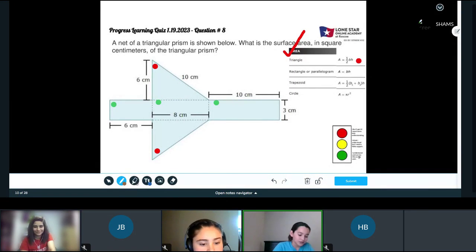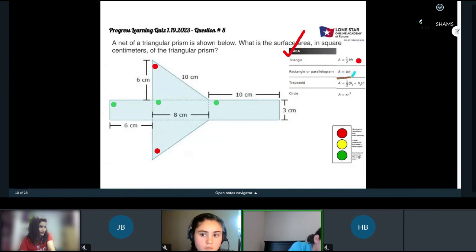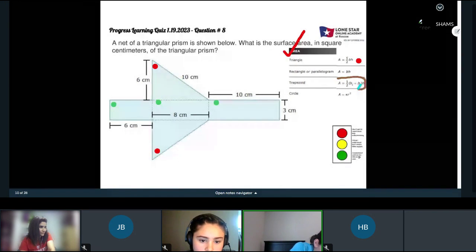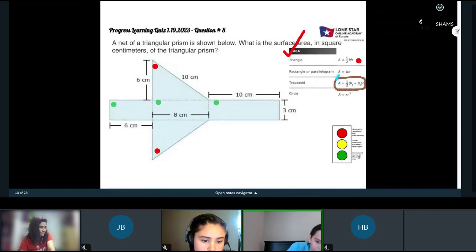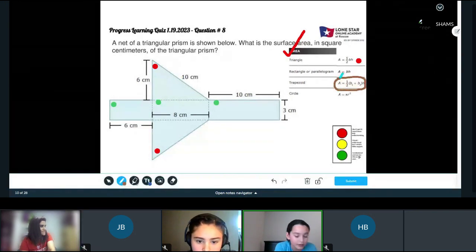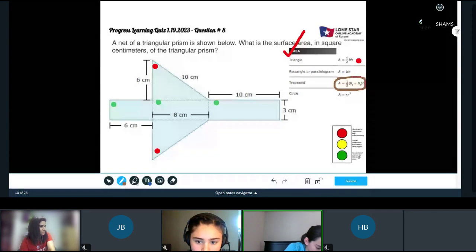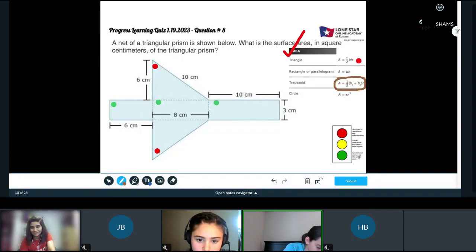Okay, so our formula for this trapezoid is going to be A equals one half, which is 1/2, times parentheses B1 plus B2, and then your height. Right.